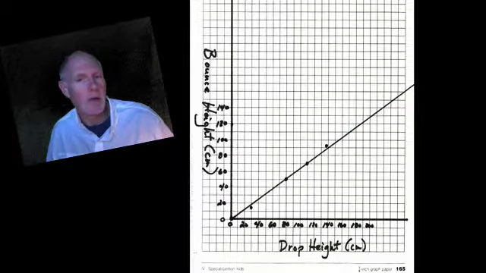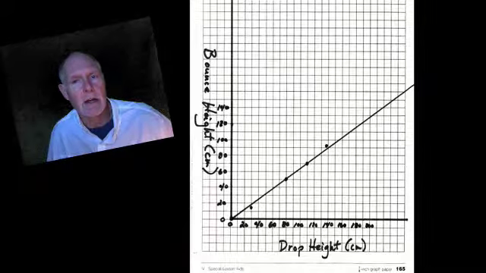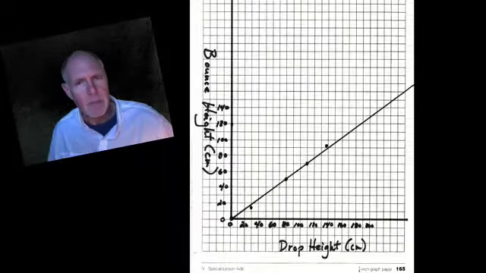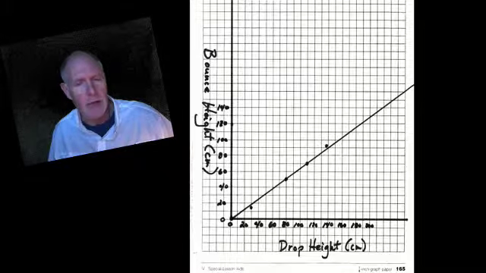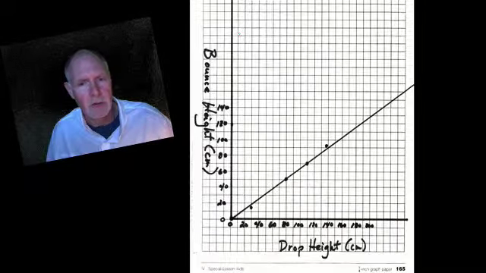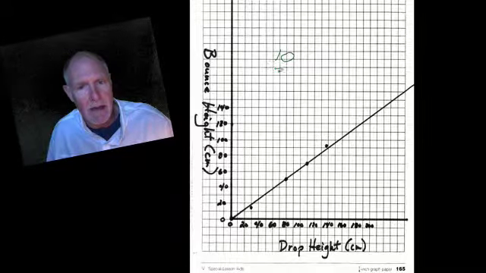Now, your graphs may not go all the way up to 180 centimeters, but what I'd like you to do is to choose 5 other points on your graph and predict how high the ball will bounce if you drop it from those heights. So for example, you might do 10. I'm just going to pick some random ones. I'm going to do 10. I'm going to do 35.